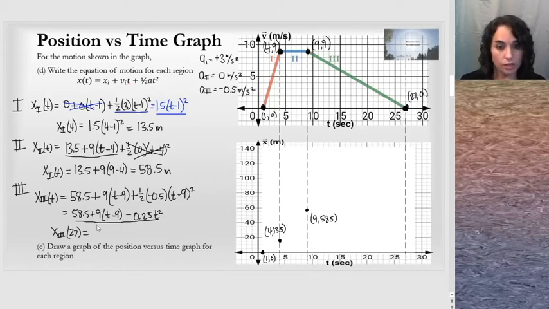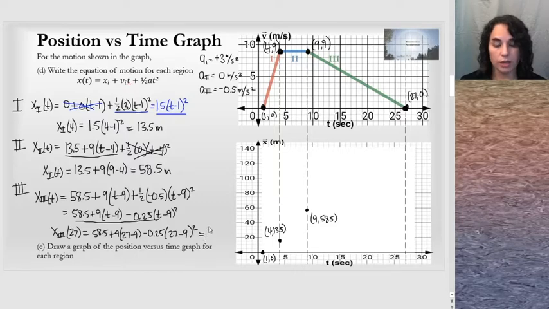And when you plug 27 into this equation, I forgot to put the t minus 9 in here. You would plug that in here, t minus 9 quantity squared. So 58.5 plus 9 times (27 minus 9) minus 0.25 times (27 minus 9) squared.